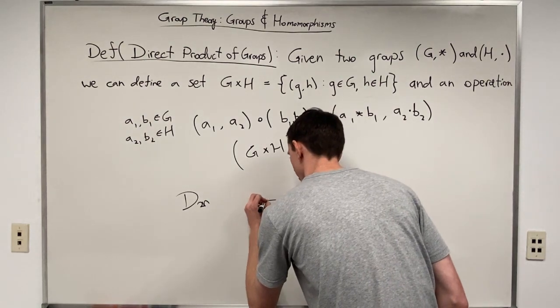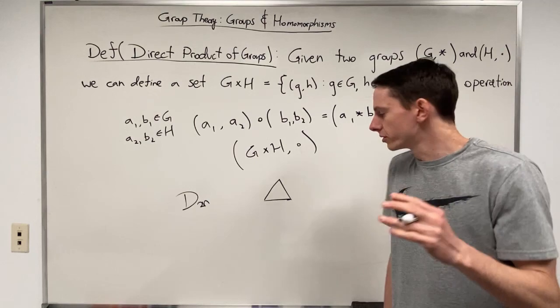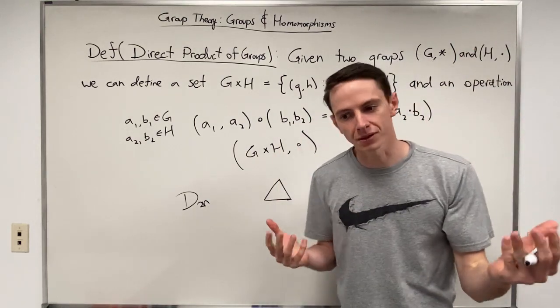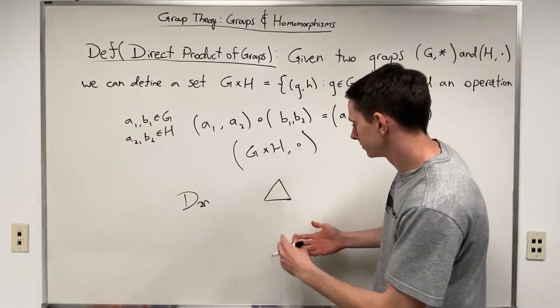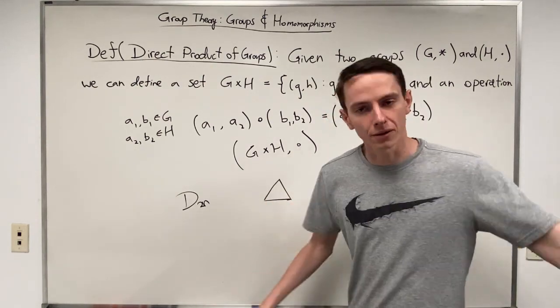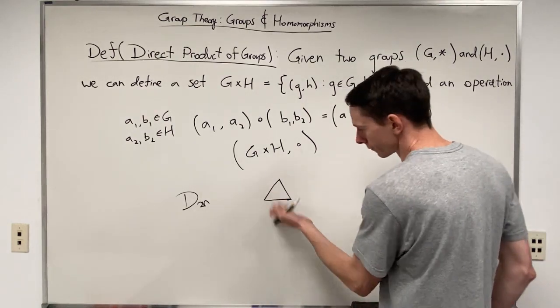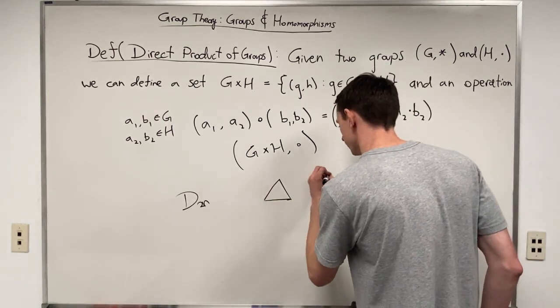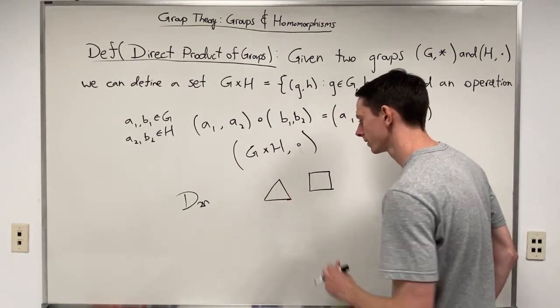I'll try my best to draw a regular triangle. But let's say that the system that we are working with does not just contain a single polygon. Let's say that this system has two polygons in it, where maybe the first one is a triangle, and maybe we also have a square, or a regular four-sided polygon.